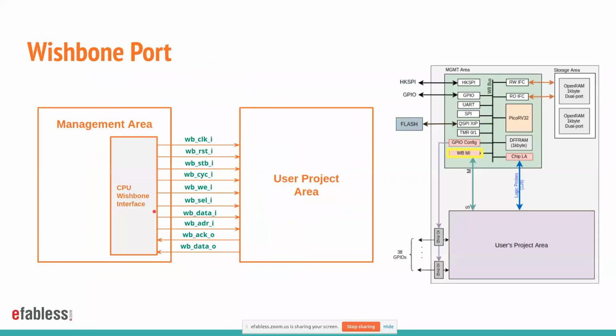The third utility that comes from the management area is the wishbone port. So the main bus in the management area SoC is a wishbone bus. So all the peripherals are designed around the wishbone.